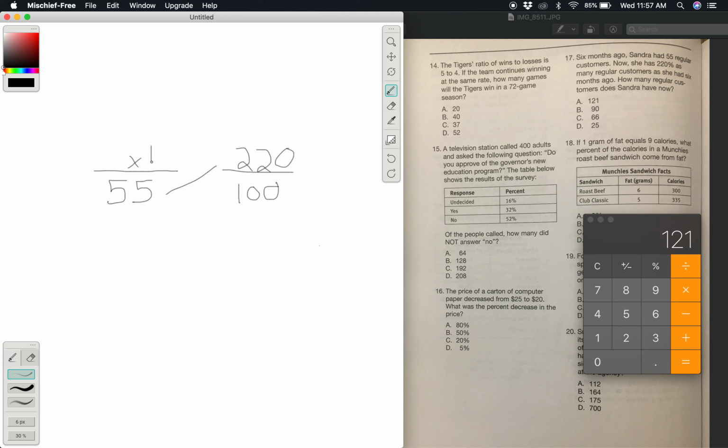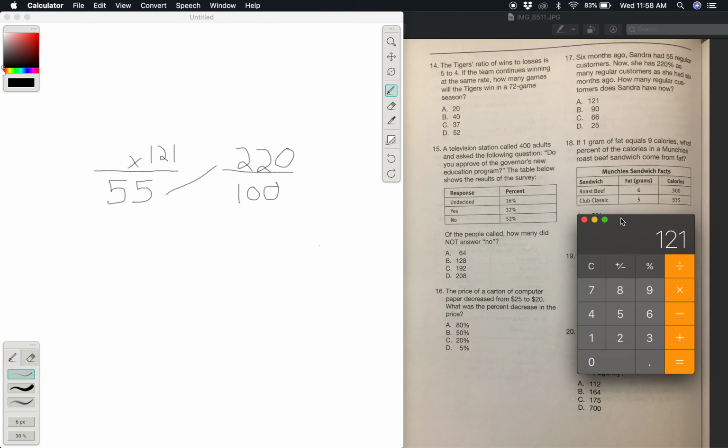A lot of times when I first started doing these, I thought the larger number was always the base, but that is not necessarily the case. It's the number that you know, like I said, the unchanged number. That's how I think of it. So 121 over 55 is the 220% increase. So your answer is A on 17.